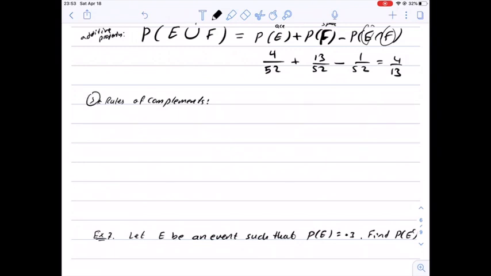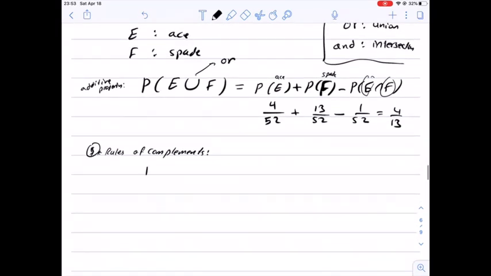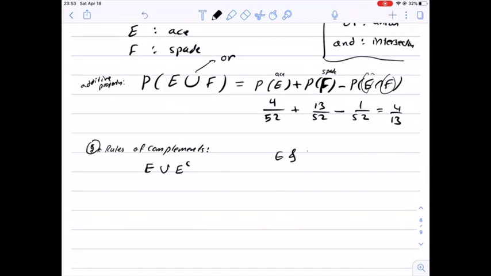Now let's talk about rules of complements. This is property 5. So the rule of complement is the following. We know that if we have the event E and its complement, those are mutually disjoint.